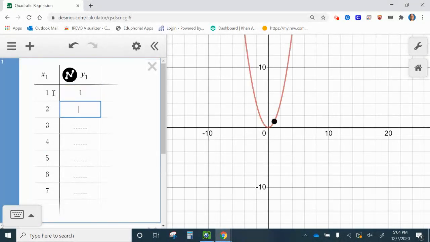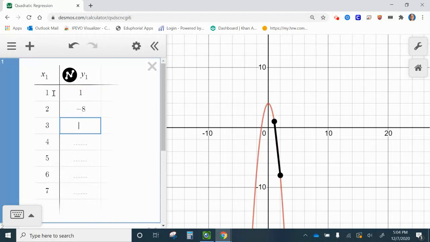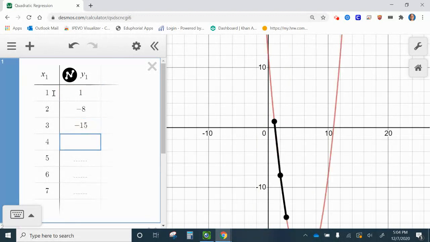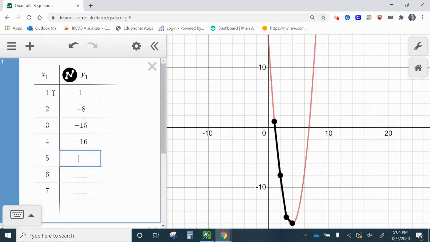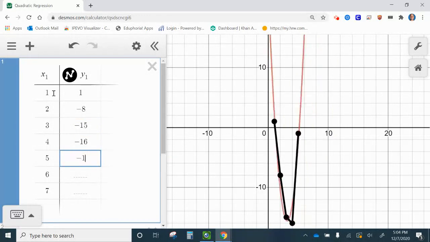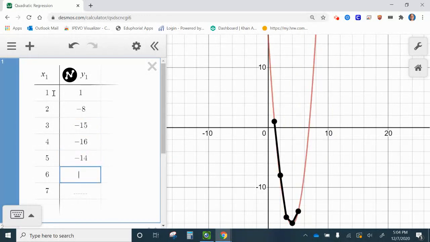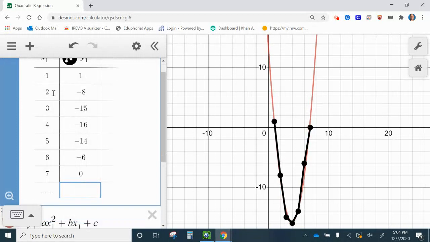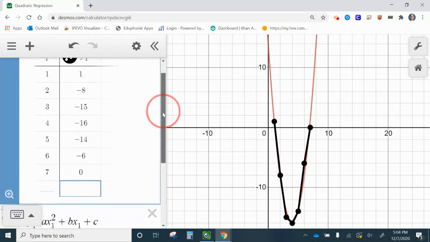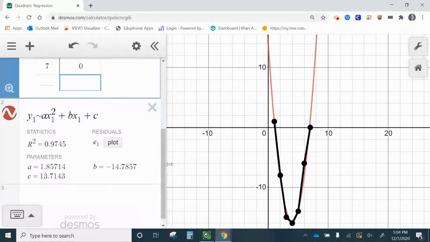And then 1, negative 8, negative 15, negative 16, negative 14, negative 6, 0. Okay, now that shows the regression points, but this is what's important. We need the A, B, and C values.